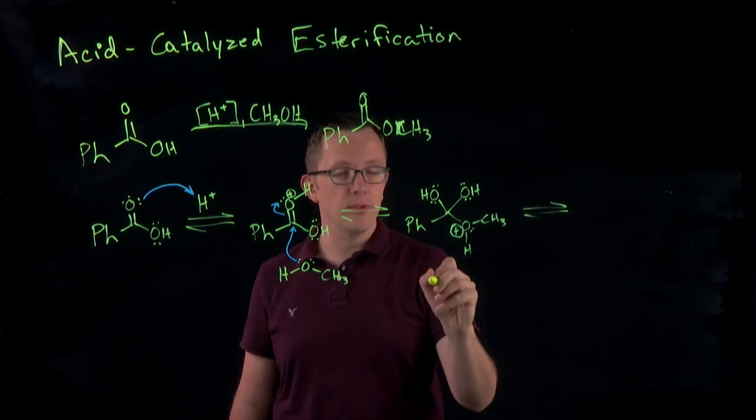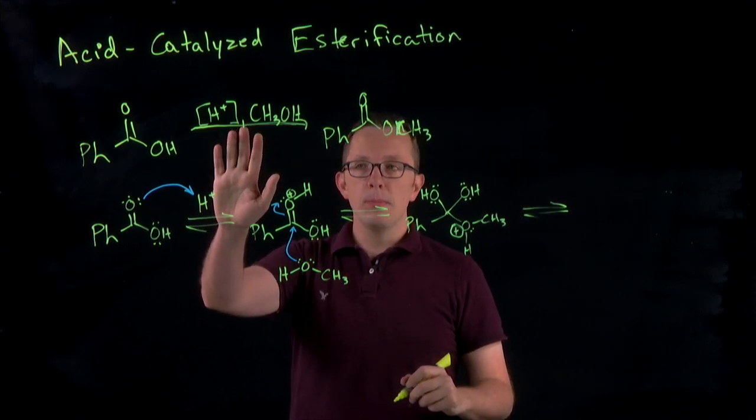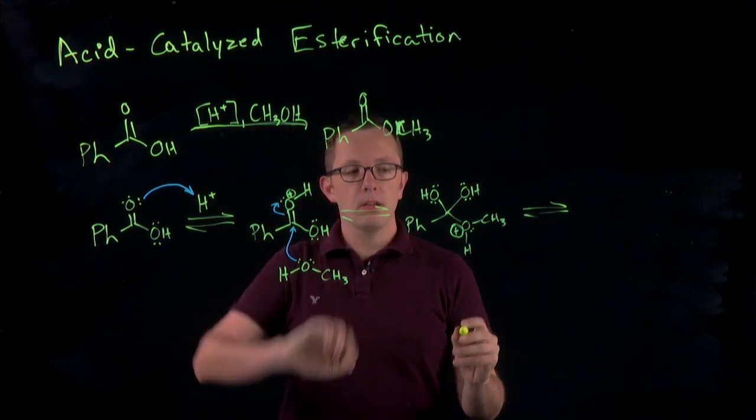So in the next step, we are going to deprotonate that. So we're going to do a proton transfer. Looking at our reaction conditions, our best base here is going to be another methanol molecule.